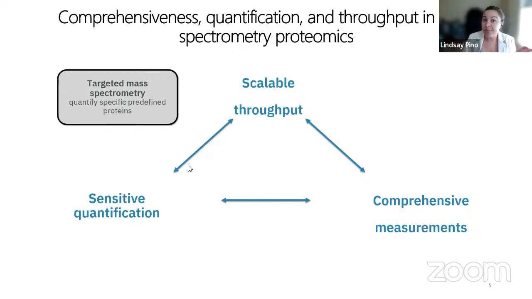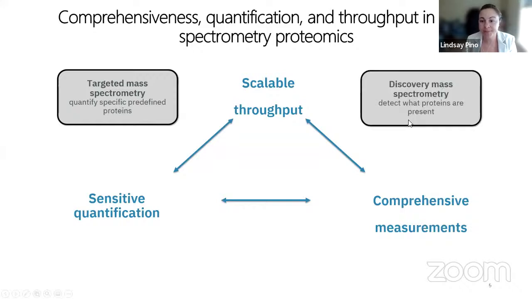SRM and MRM are performed on a triple quadrupole, versus PRM is performed on an ion trap, on an Orbitrap, that kind of instrument. So you have a very limited number of peptides or proteins you're interested in. You want to measure lots of samples, or you want very high sensitivity quantification.